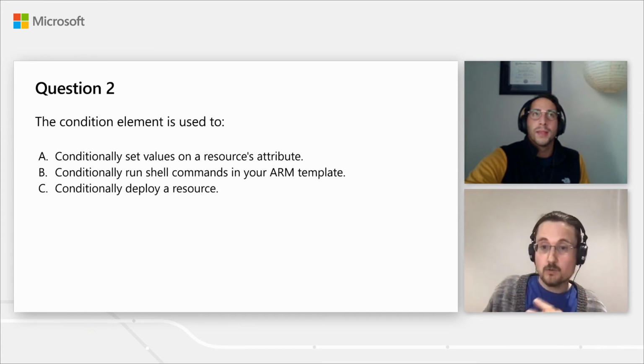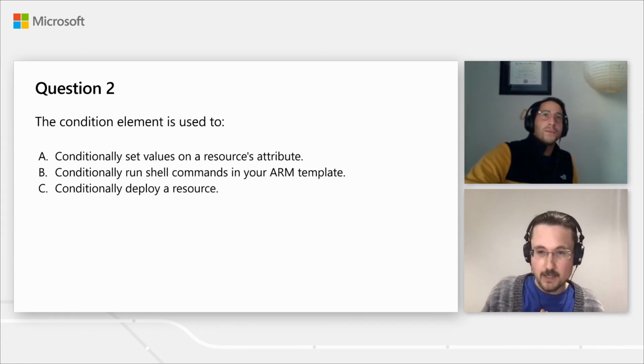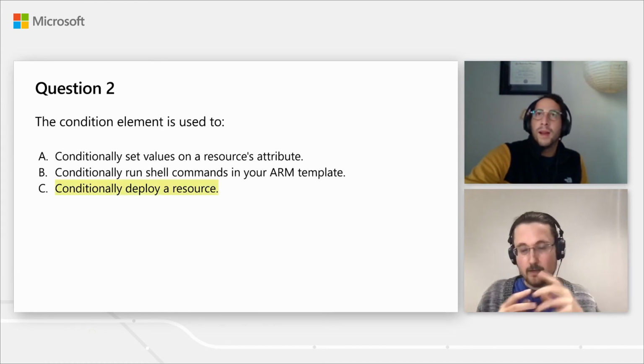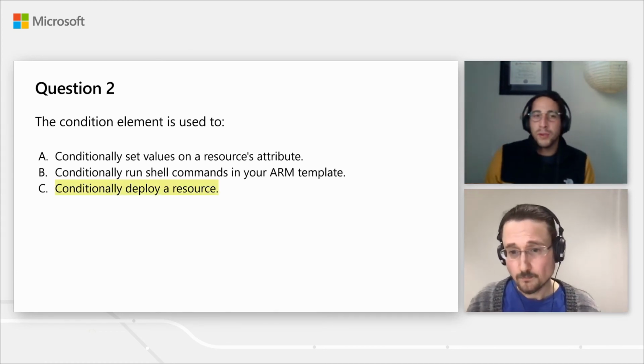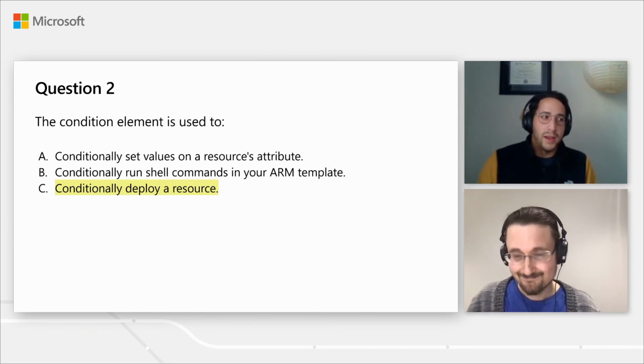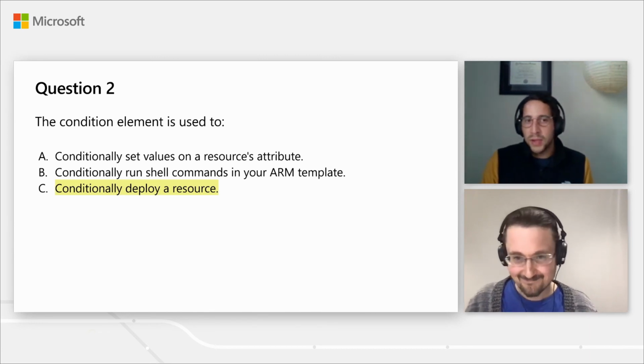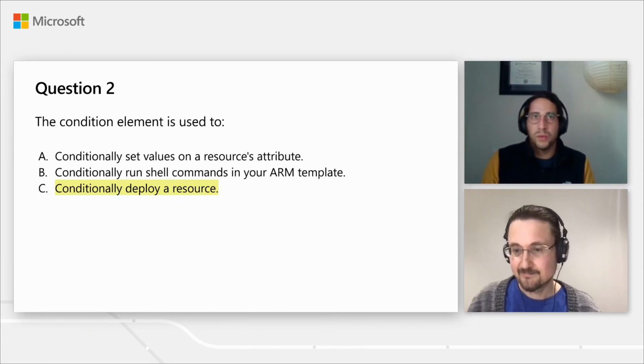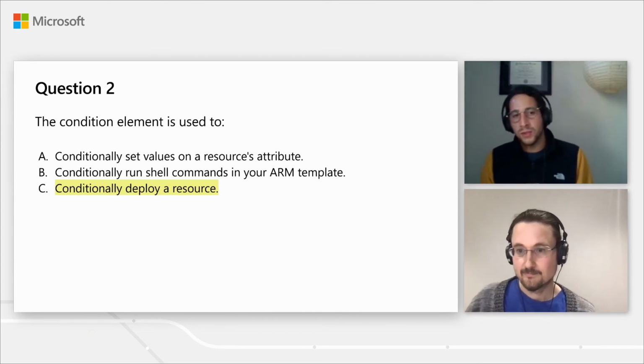Hopefully by now most of you have gotten your answers in, right? So let's see. It's to conditionally deploy the resource. So it evaluates the true or false, as Chris mentioned. Conditions can be used across the entire template. There's no restriction as to where, like no specific resource can only use conditions, and you can use it in every resource.